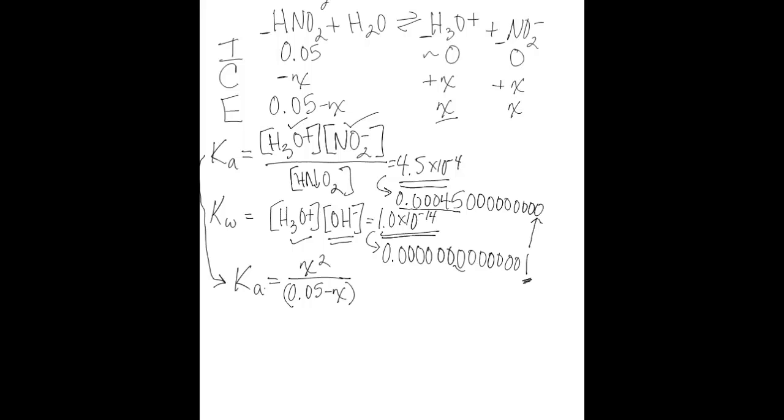And we know that our Ka value is equal to 4.5 times 10 to the negative 4. We've looked that up in a table.